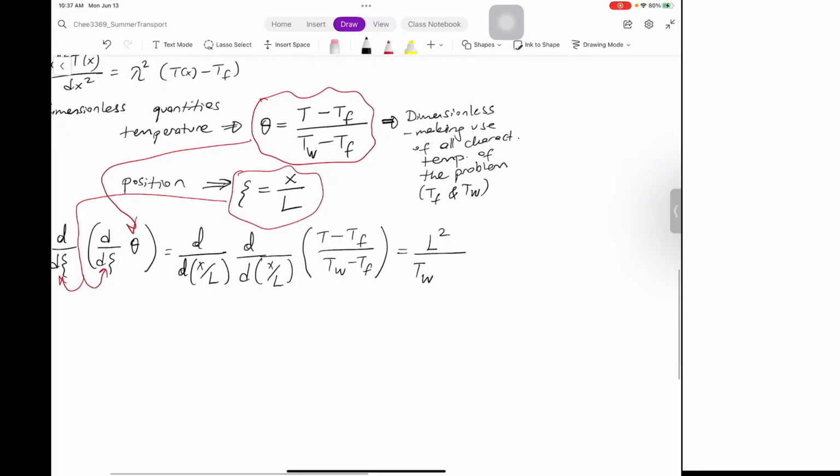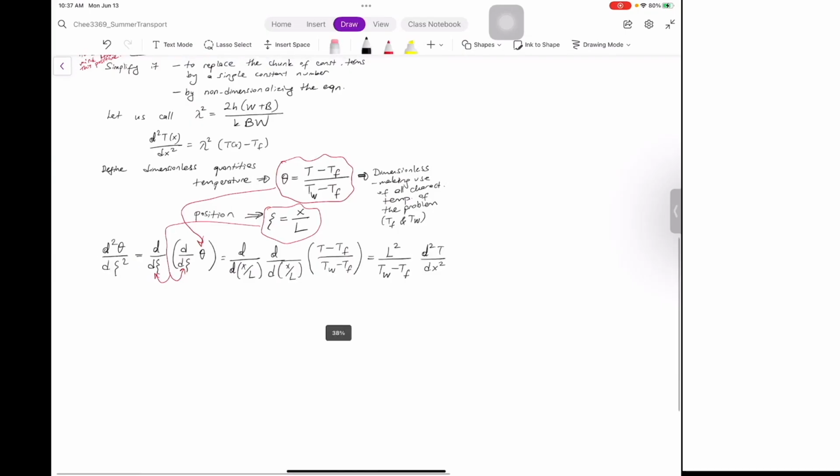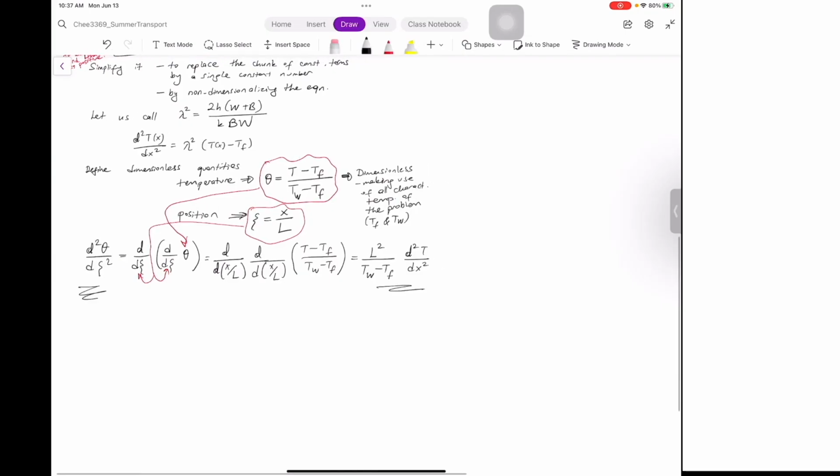T wall minus TF. That's constant. I can take it out of the derivative, but the derivative of T minus TF is the derivative of T only because you're just subtracting a constant. So this is nothing but d squared T over dx squared. Okay. So I wrote this in terms of this. So you can solve for d squared over dx squared instead.